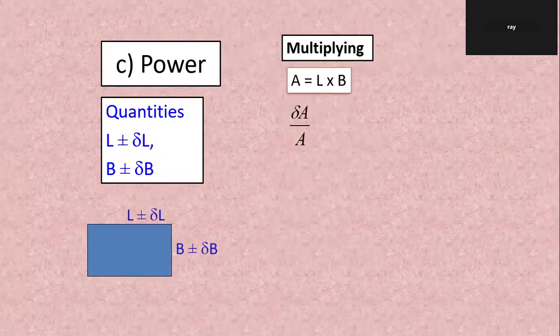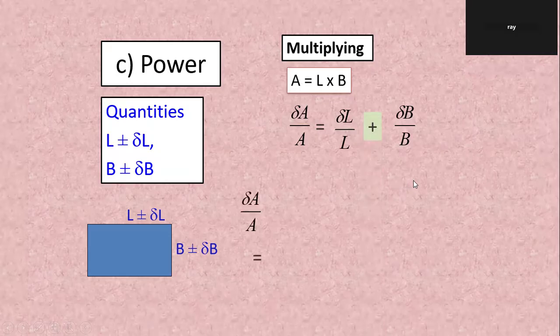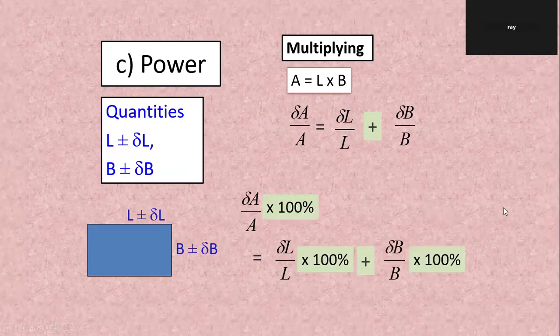Multiplying, same. A will have proportional error delta A over A, L will have delta L over L, B will have delta B over B. You just add them up. Or you use percentage error, same thing.